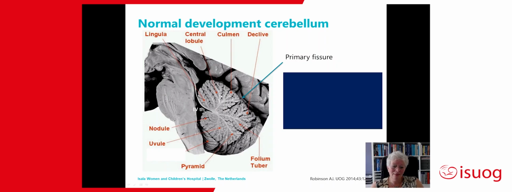If we look at a vermis that is completely developed, we can see that there are all kinds of lobules, which have a name but also a number. And the tissue that has developed is a little bit the same as the cerebrum, where if the brain parenchyma is developing itself and is thickening and is proliferating, then you get a lot of tissue.